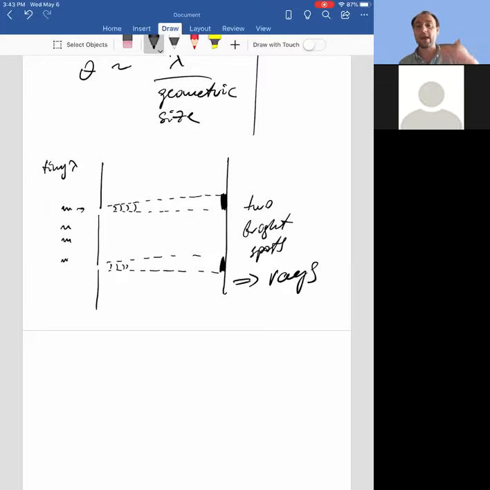So when the wavelength of a wave becomes much smaller than the geometric size of what that wave goes through, you are in the ray limit.